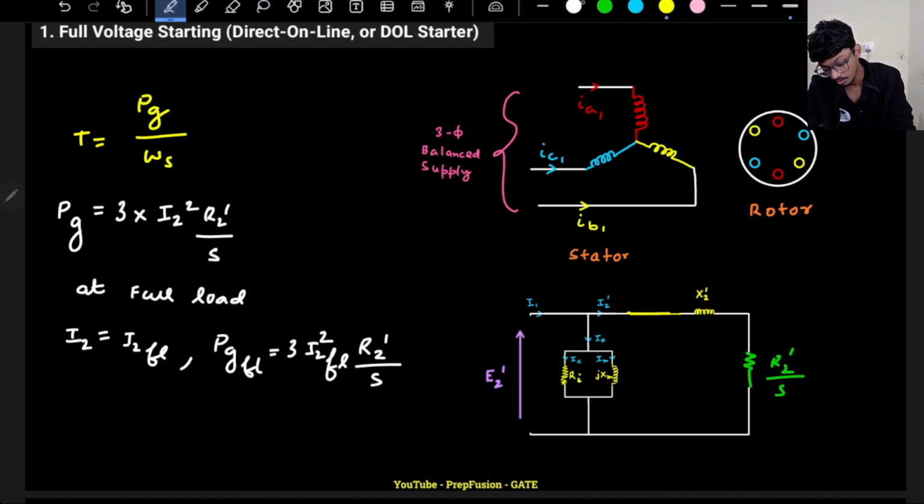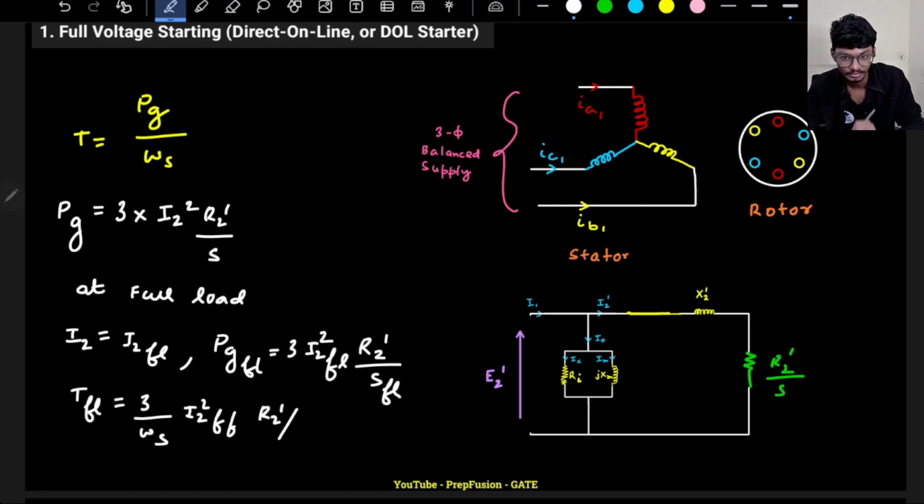Now what will be the full load torque? The full load torque will be 3 by omega S into I2FL whole square into R2 dash divided by, sorry, I forgot to write, SFL. We cannot forget the SFL, because at full load the slip will also be SFL.